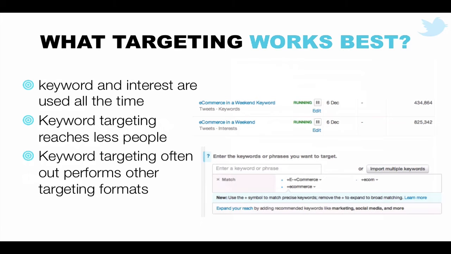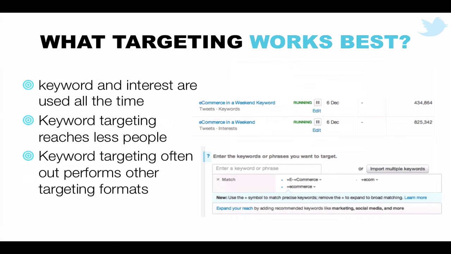To give you our honest answer, we always test keyword targeting and interest and follower targeting right out of the gate. These are the ones that we will test and we will run ads against no matter what. Usually we set up a campaign for both and find that both of those targeting options produce a solid return on investment. The campaign that targets a specific keyword will typically reach fewer people than targeting specific interests or followers.